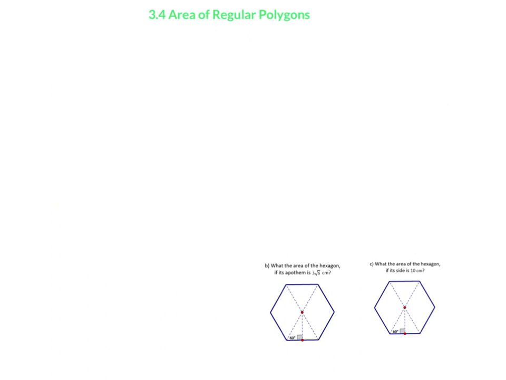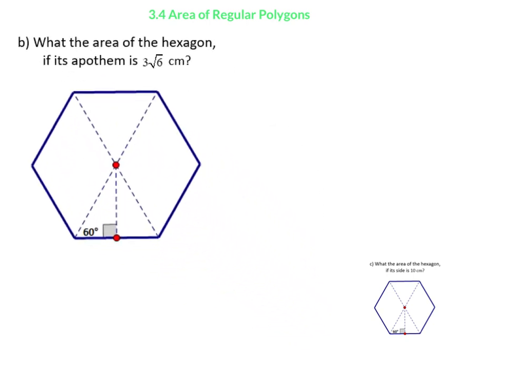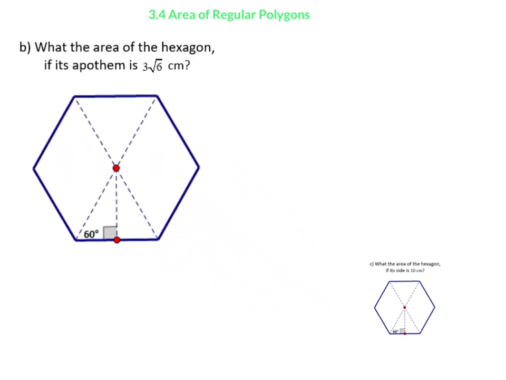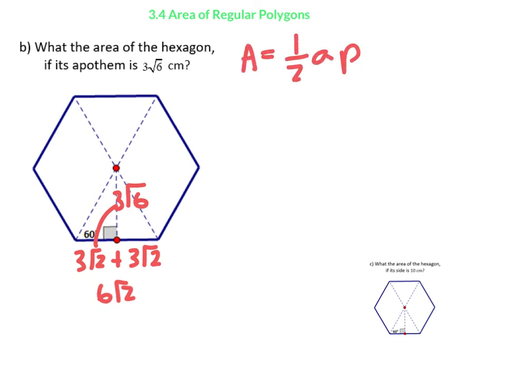Here we go. Next one. What do they give us? All right, they give us that the apothem is 3 root 6. That means I'm going to divide by root 3. That would be 3 root 2. And so my side is 6 root 2. I'm ready to calculate. That's what I love about this little formula. The apothem is 3 root 6.